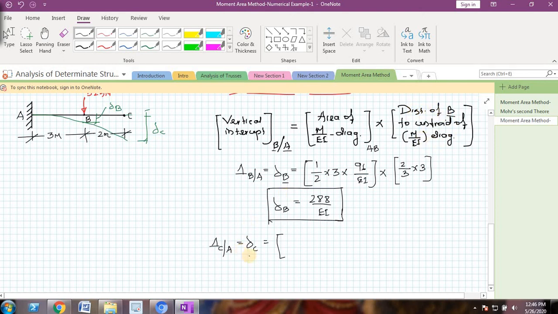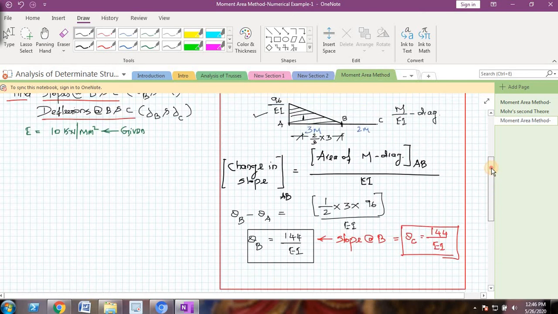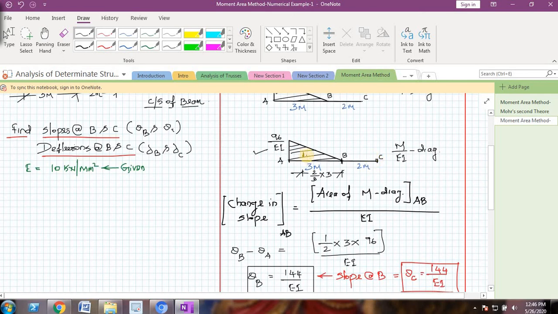So in that case I will write it as same multiplied by distance of C up to the centroid of M by EI diagram, so 2 plus 2/3 of 3. That is we want distance from here up to here, so it will be 2 plus 2/3 of 3.